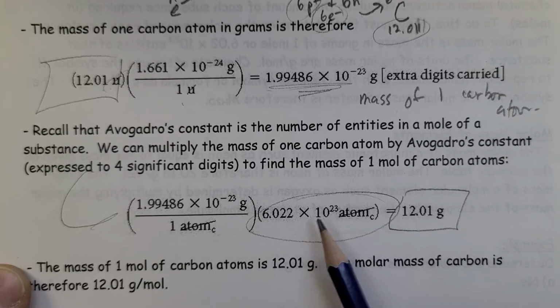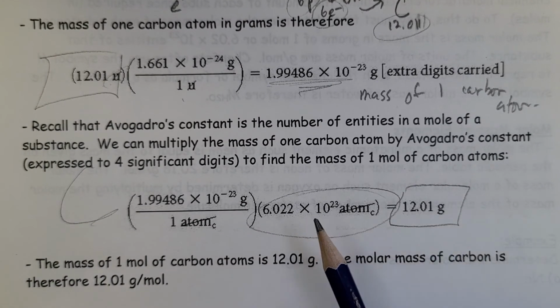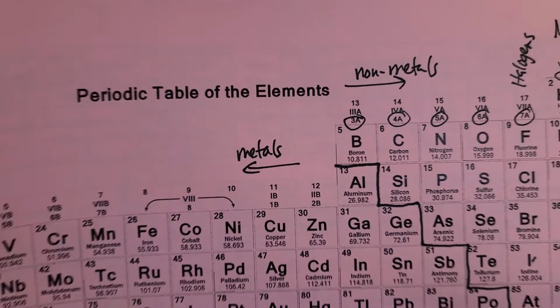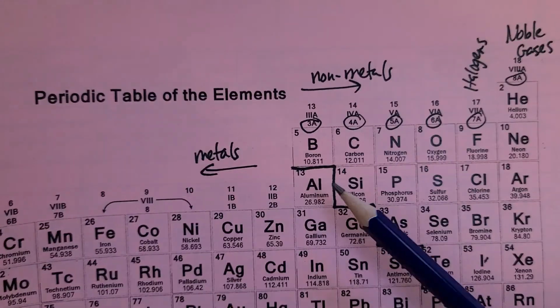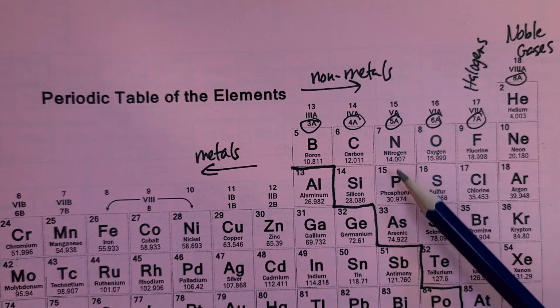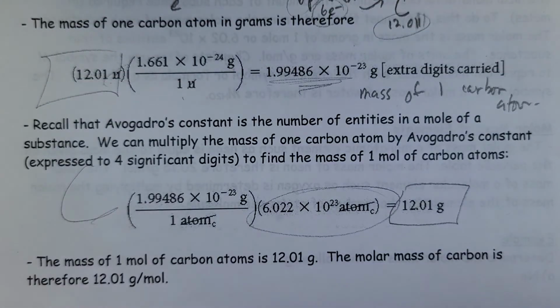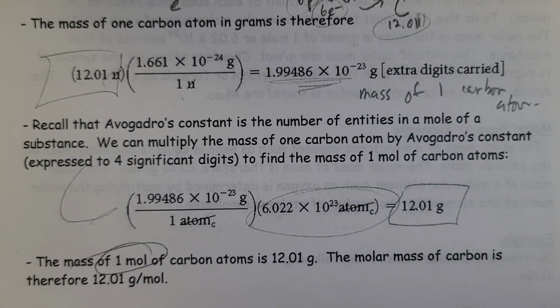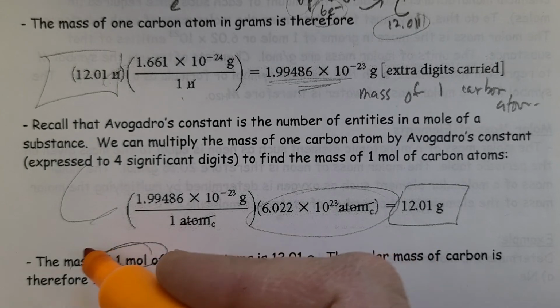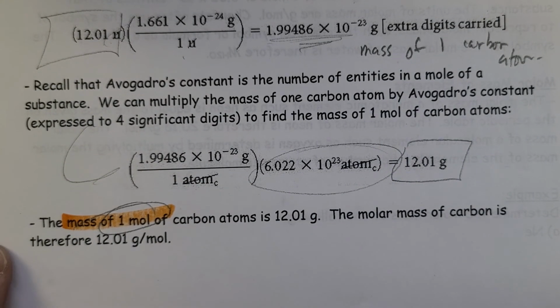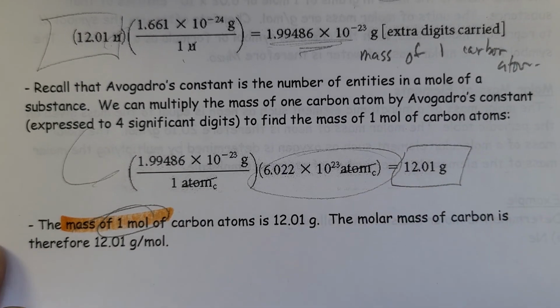So this is what's so special about that number. If I take that many of any atom on the periodic table and put it on a balance, the balance would read these numbers here, which represent grams in every 1 mole. So the mass of a mole is what that turns out to be. So that's really, really handy.